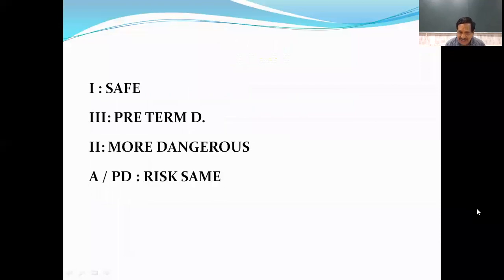In the third trimester, it causes preterm delivery. The second trimester is more dangerous, with either abortion or preterm delivery. The risk is the same as in a non-pregnant woman.